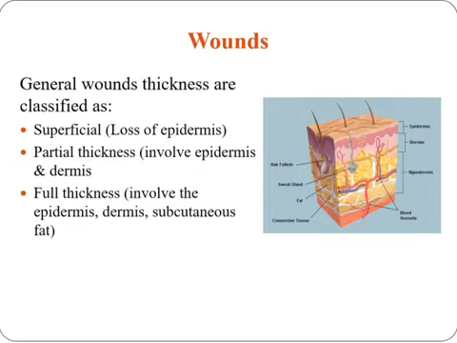So they're classified as superficial, which is the loss of the epidermis, partial thickness, which involves the epidermis and the dermis, and full thickness, which involves the epidermis, dermis, and subcutaneous fat. So depending on how deep the wounds are, that's how we're going to quantify them.